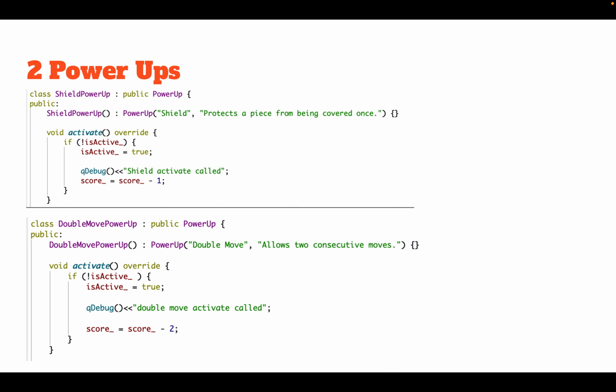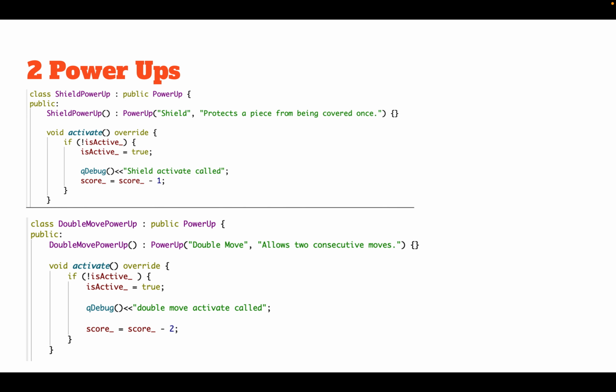And here we have the activate function, which overrides with a twist here because the score will be score minus 1. I implemented that because I think these power up functions are pretty powerful, and if there's no penalty or deduction on the points for the power ups, the game would just not be as interesting. Similarly, the double move power up is pretty straightforward.